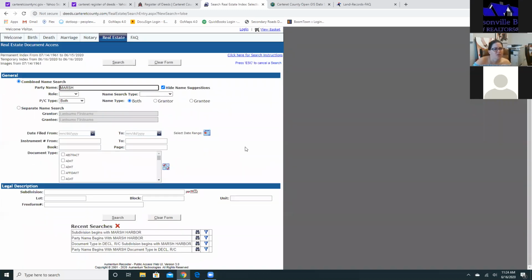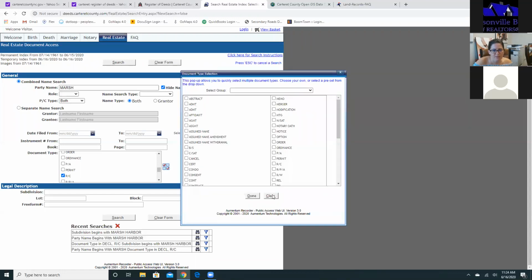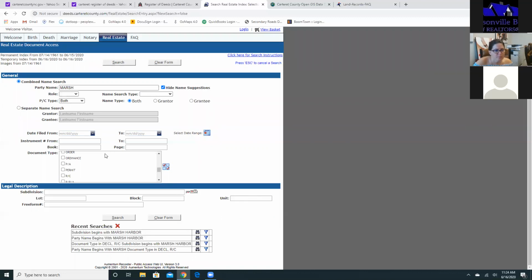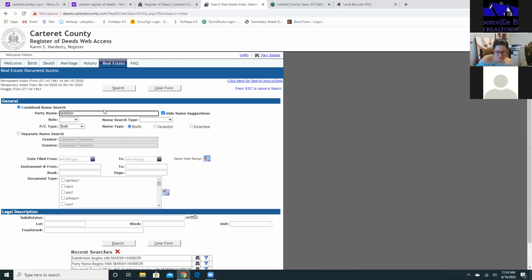Okay, so if you're looking for those, it looks like the best thing to do is use the combined name search as an advanced search. Just start typing it in up here, but make sure that you come down here and click declarations and restrictive covenants, because when we did it without these checked, maybe it's because I spelled it wrong.